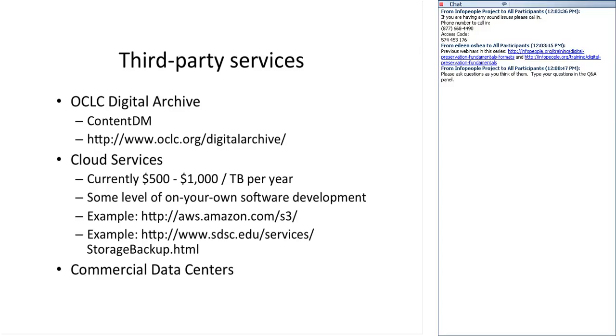Using a cloud service also is going to require some level of on-your-own software development. Cloud service providers will give you essentially a big box to put things in, but it's up to you to organize content within that box in a useful way. You could do that through dedicated digital repository software, something like DSpace or something like Omeka.